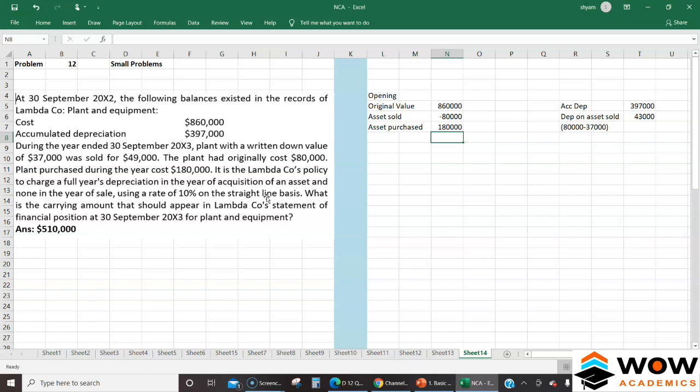So whenever we purchase, we have to take a depreciation. So depreciation on new plant, it's 10%. So it would be 1,80,000 into 10%.